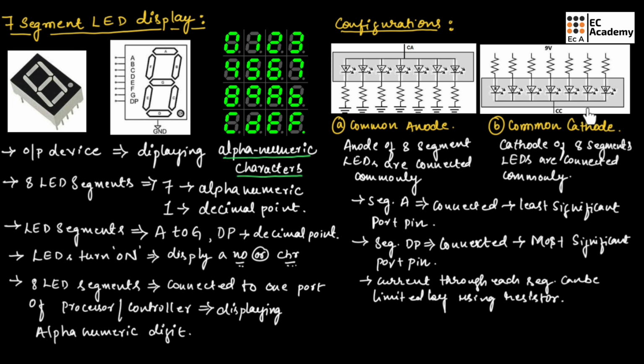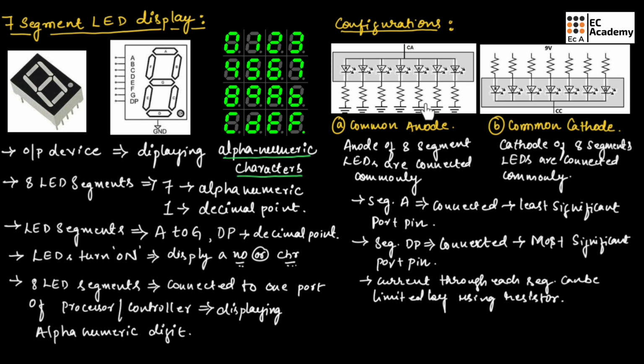For common cathode configuration, the anode of each LED segment is connected to a port pin of the microcontroller to which the display is interfaced. And in common anode configuration, the anode terminal is connected to 5 volt supply and the cathode of each LED segment is connected to a port pin of the controller.